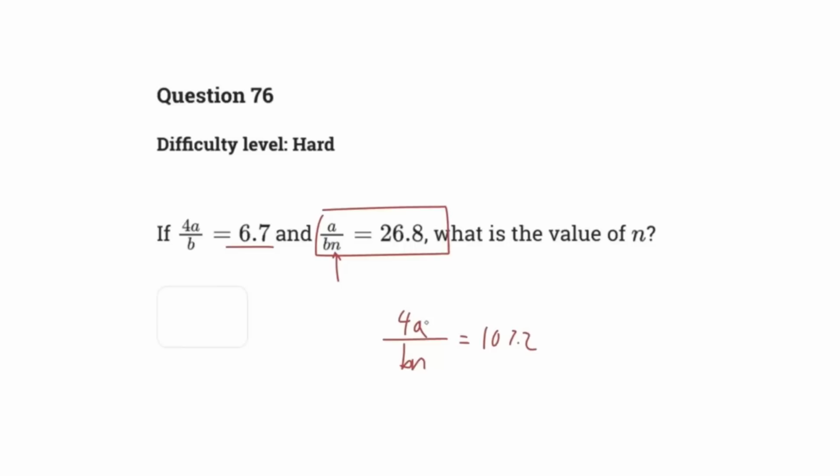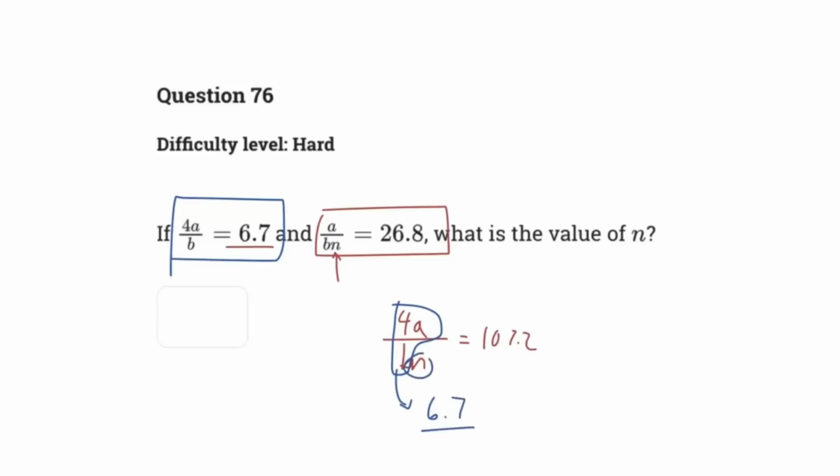Well, because we don't actually know what the value of a or b is, we have to infer that based on our given information. We know 4a over b is 6.7, and we have 4a over b in our equation. So this simplifies out to just 6.7 over n.